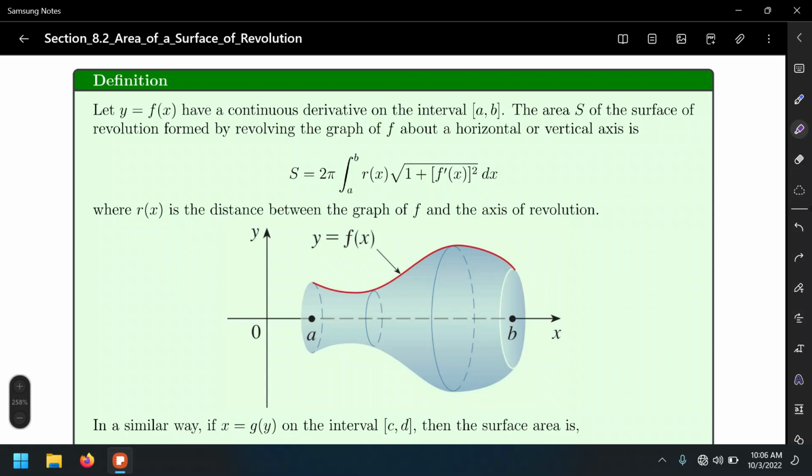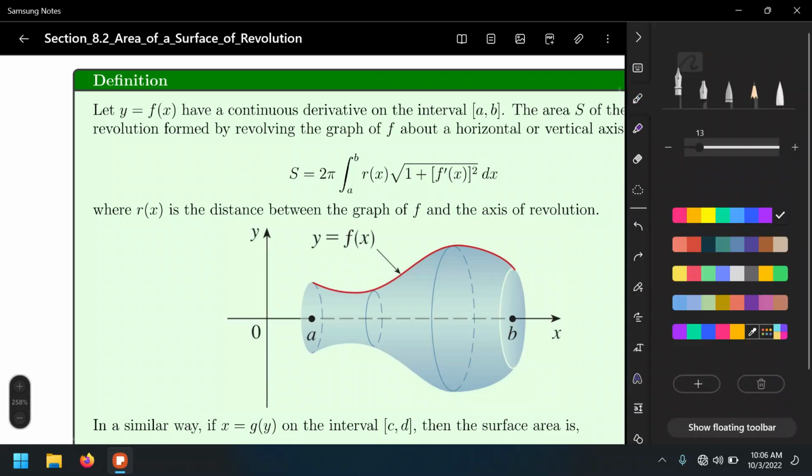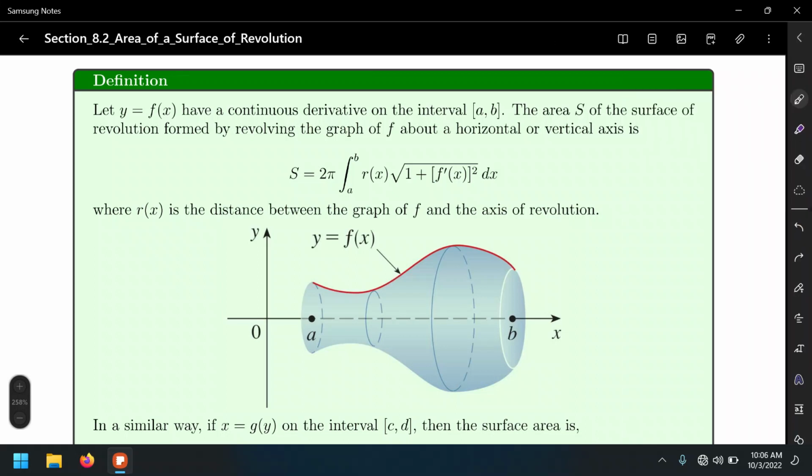Of course, we will find it in a similar way to how we found the area under the curve and the arc length. In this case, we're going to take this piece of length, which we will rotate, and the final shape that we are going to obtain is something like this.